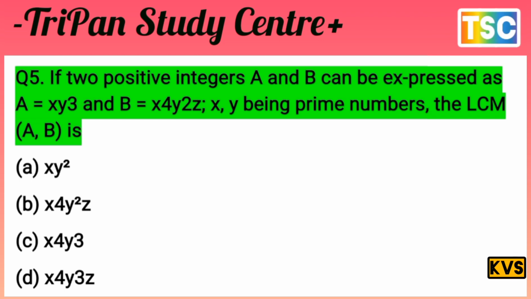B, x^4 y^2 z, is not applicable because y is 3 here, not 2. And C, x^4 y^3, is not applicable because the z is not present here. You know that x and y are prime numbers here. The D is the right answer, because x^4 y^3 z is the correct answer. Correct answer is D. That's important. And let's see the next question.